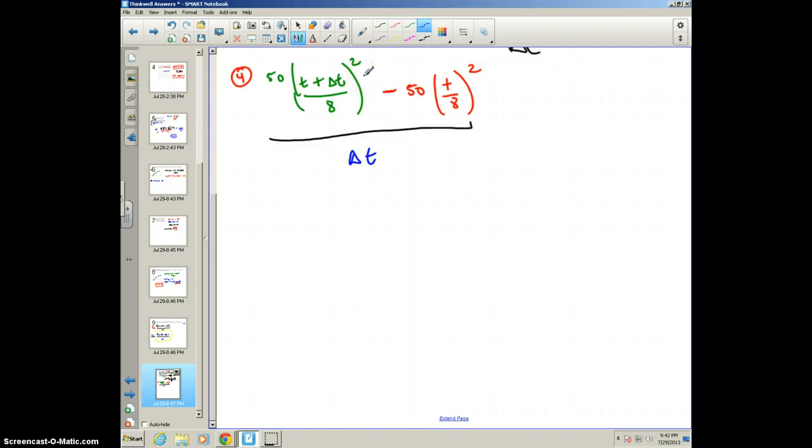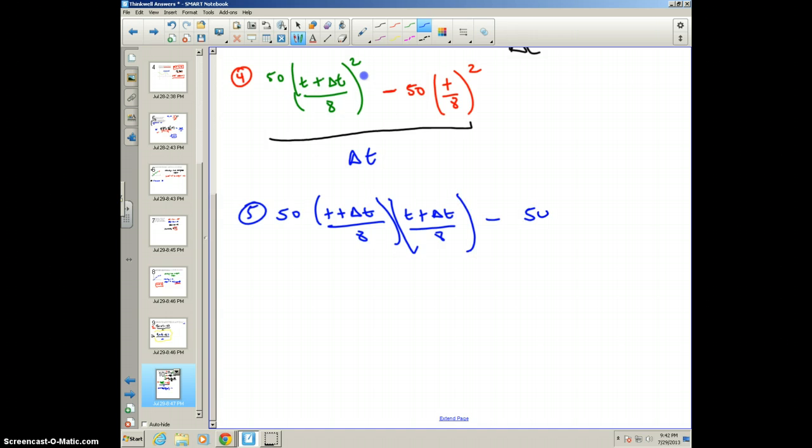So right now, we're going to do step number 5. We're going to do 50 times t plus delta t over 8 times t plus delta t over 8 minus 50 t over 8 times t over 8.